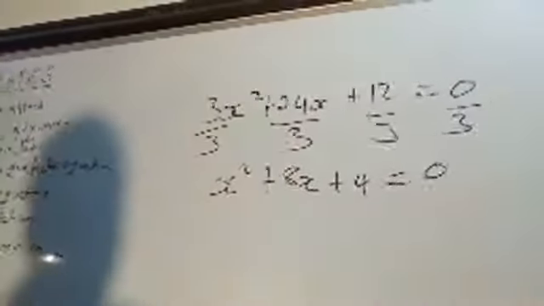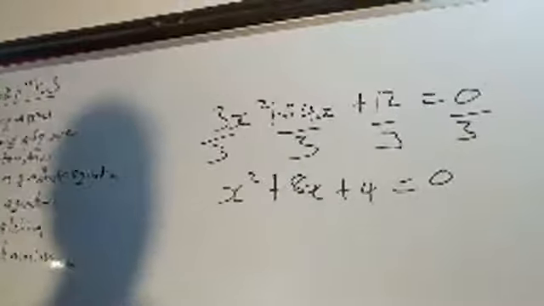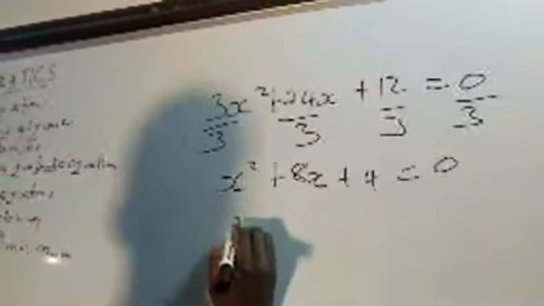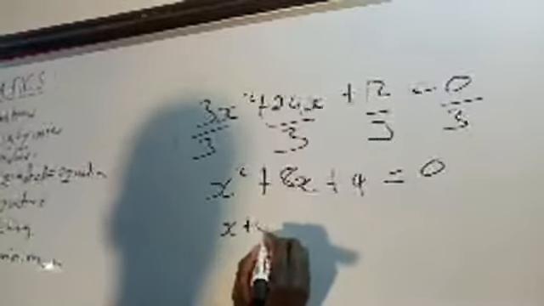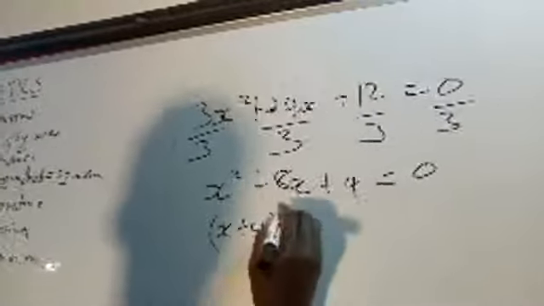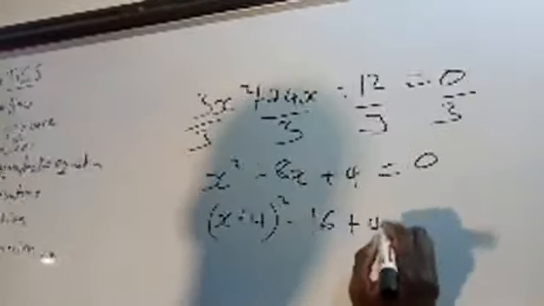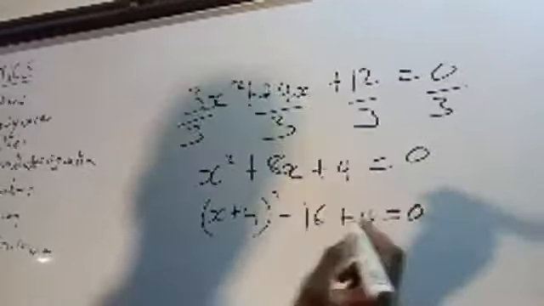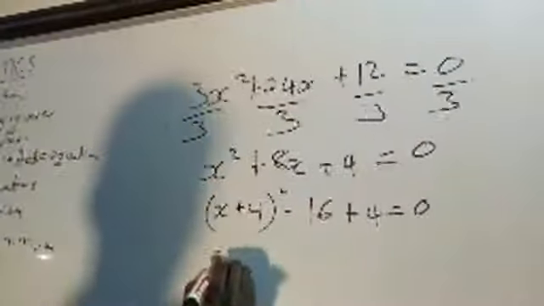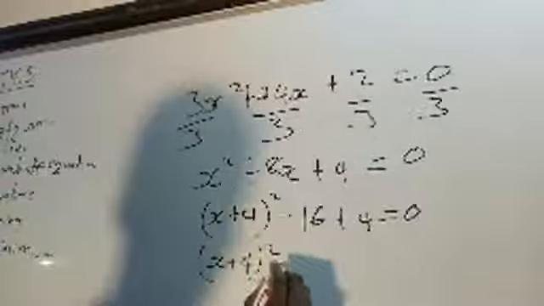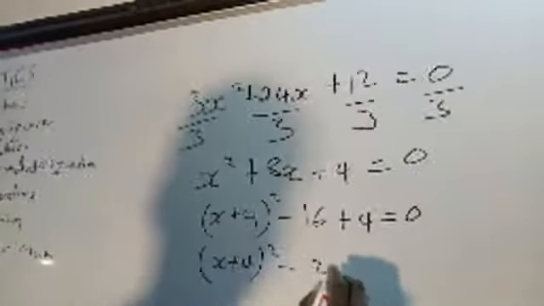And then we complete the squares as well, being x plus 4 squared minus 16 plus 4 equal to 0. Then it will be x plus 4 squared minus 12 equaling to 0.